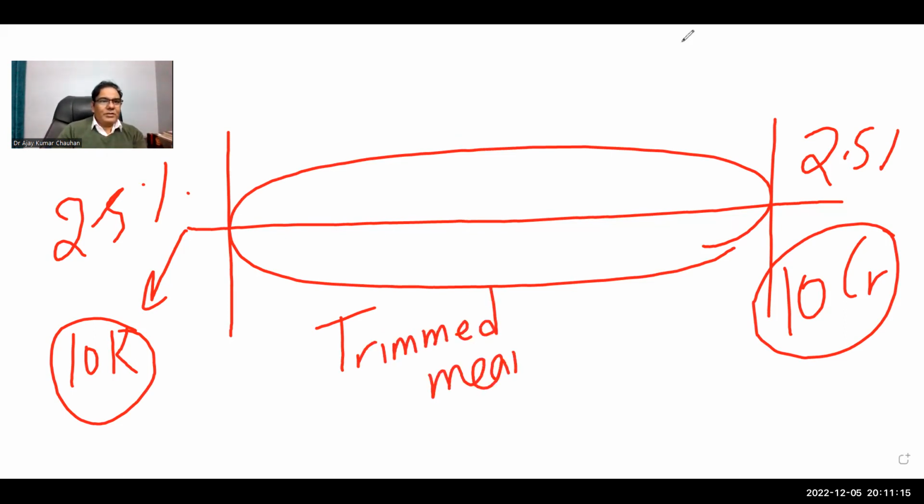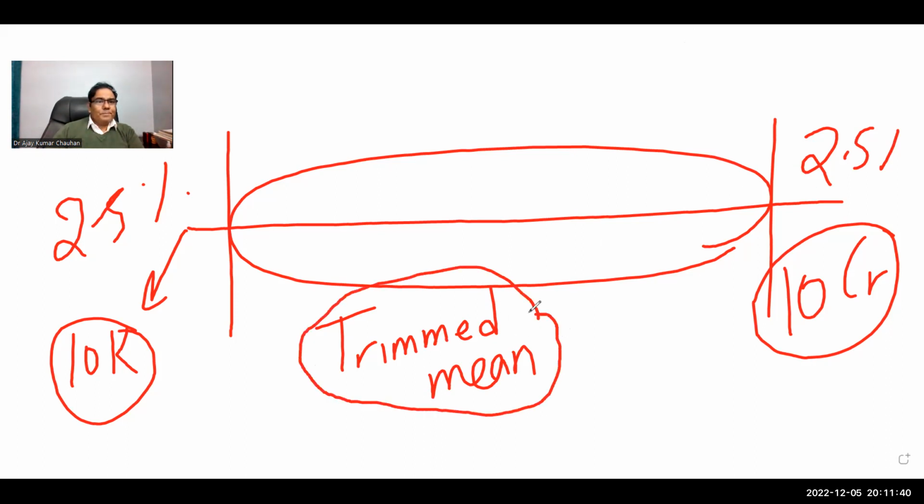And believe me, this trimmed mean is very, very important in finance. Why? Because some stocks give you multi-bagger returns, some stocks give you negative returns. So if you want to analyze the generalized returns, remove the outliers. So after removing the outliers, you will get a more reliable mean.